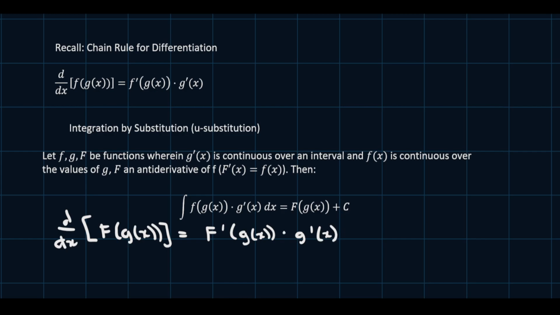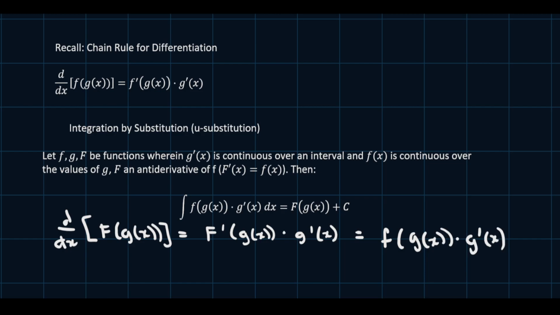However, we have mentioned or sinet natin na yung capital F ay antiderivative ng small f. Or yung capital F prime ay equal to small f. So this one is actually equal to f of g of x times g prime of x.